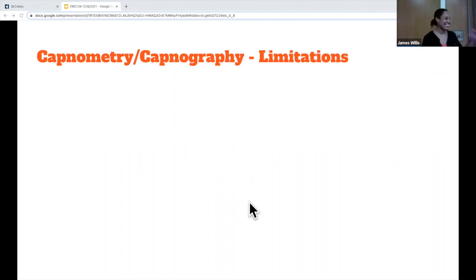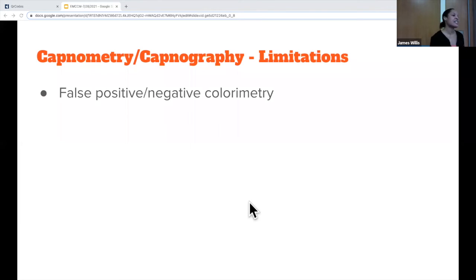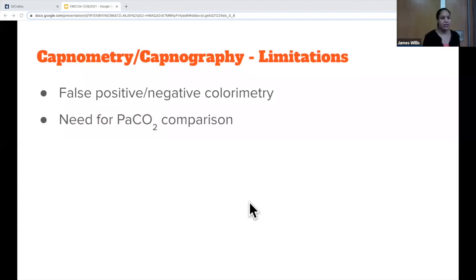And so, along the lines of what we just discussed, the colorimeter is great in a pinch. It's great to get your immediate answer, but it's good to confirm with other things where you actually are. End tidal is great.